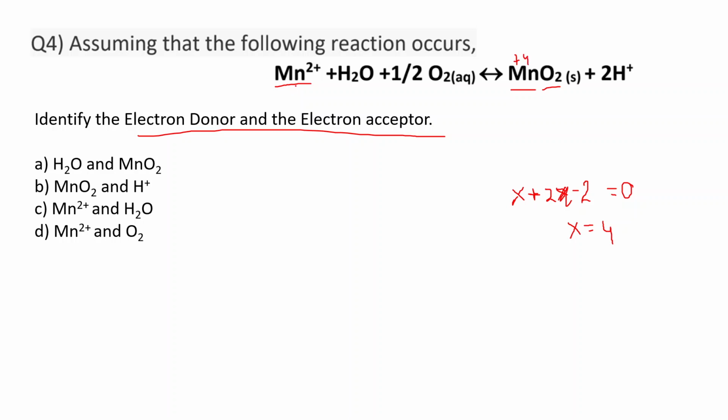So Mn is donating electrons, right? So this is being oxidized. So answer will be option C or D. Now let's talk about oxygen. So here oxidation state is 0. Here oxidation state is -2.